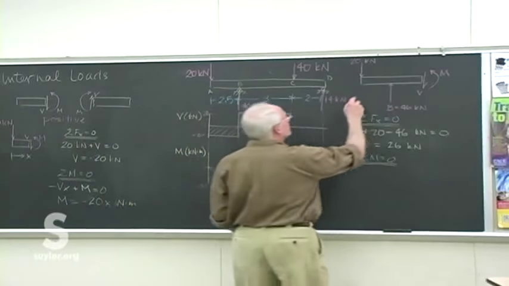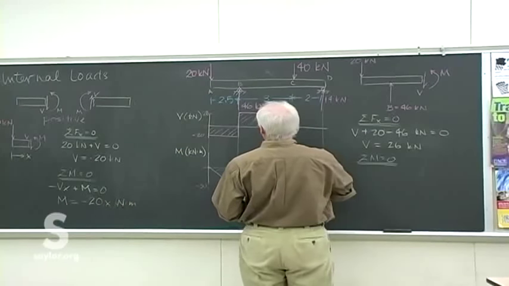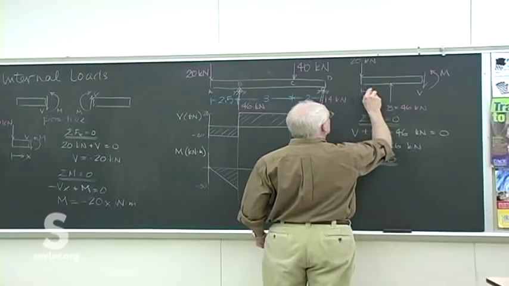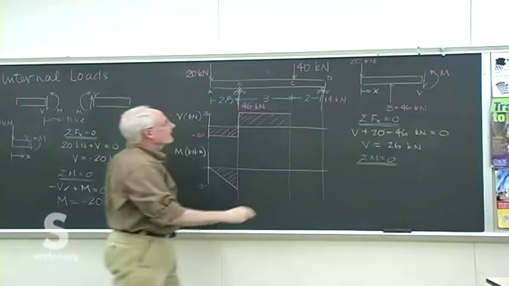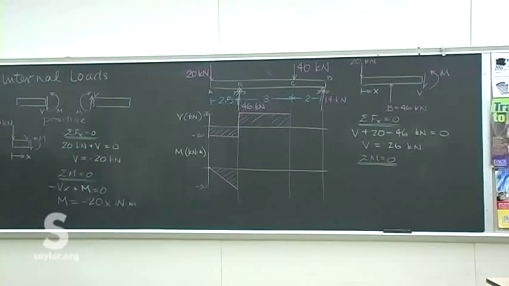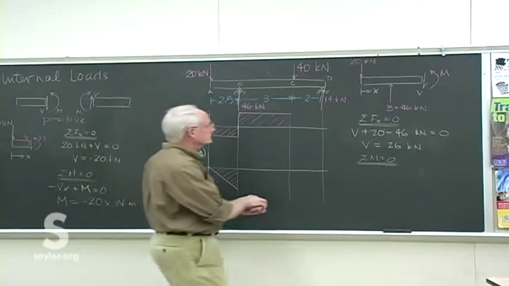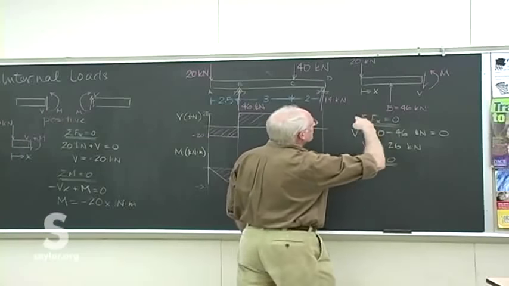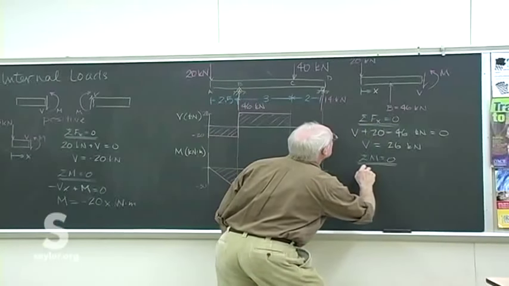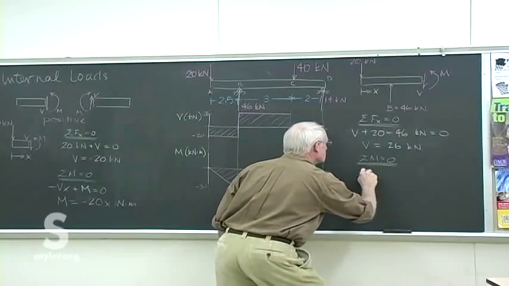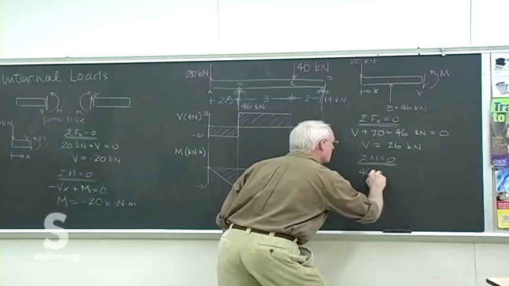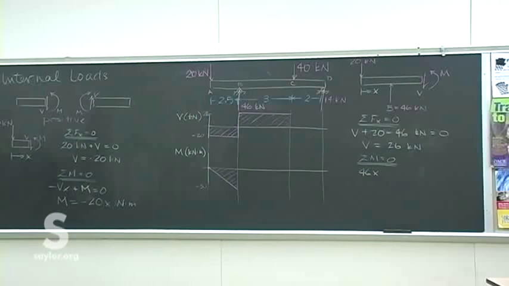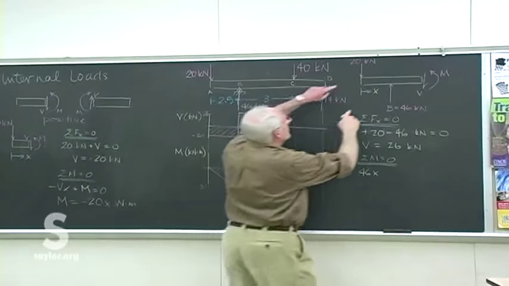Remember x from the, where did I draw it? There we go. X as measured from the left side. So we know we've got 46x kilonewton meters. That's the moment caused by the first one.